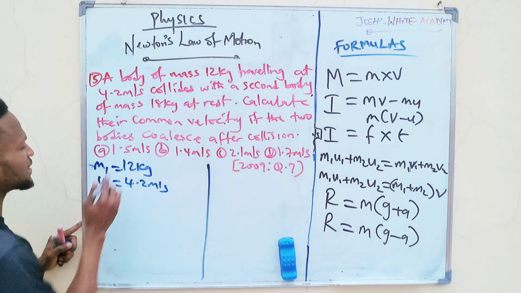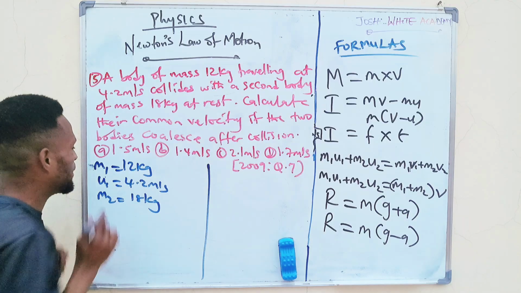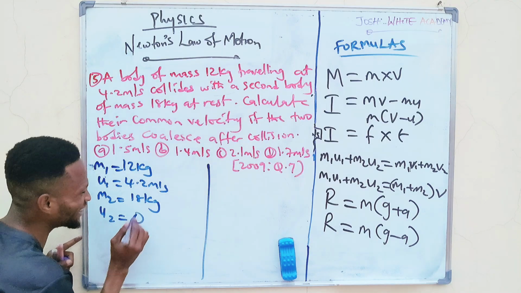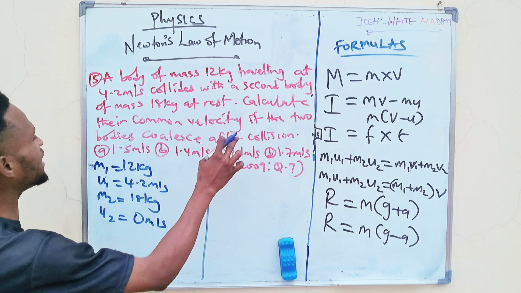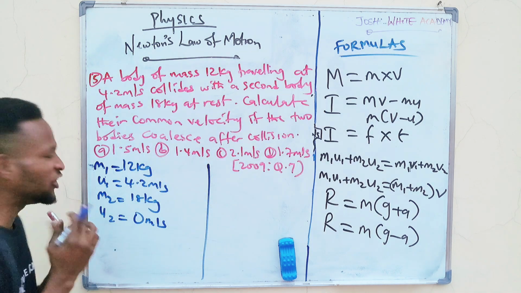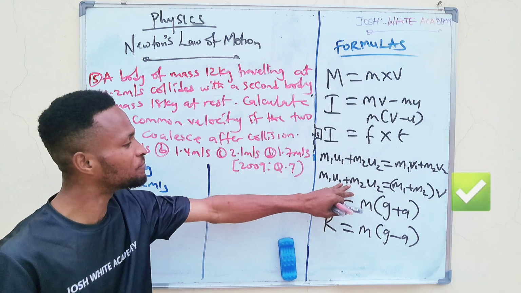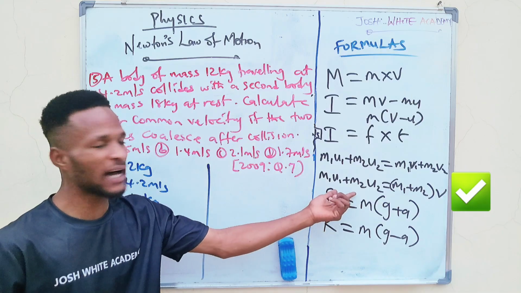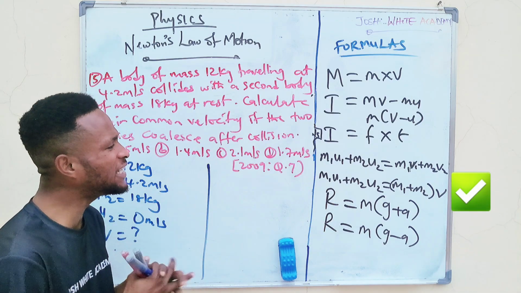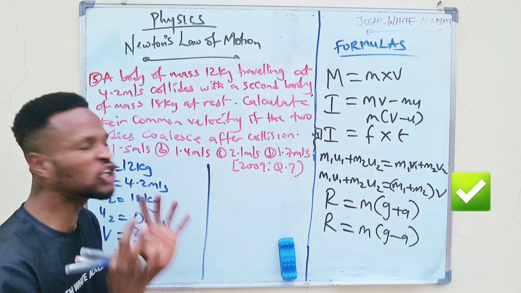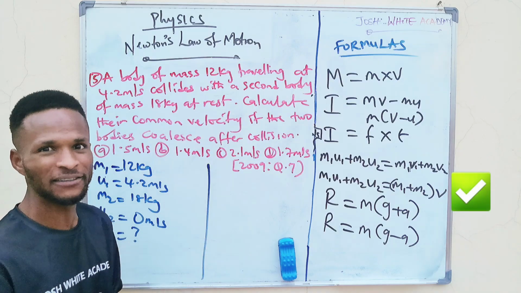A second body, our M2 is 18 kg at rest, meaning our U2 is what? 0 meter per second. We are finding our V. Remember, that was exactly what we stated here.